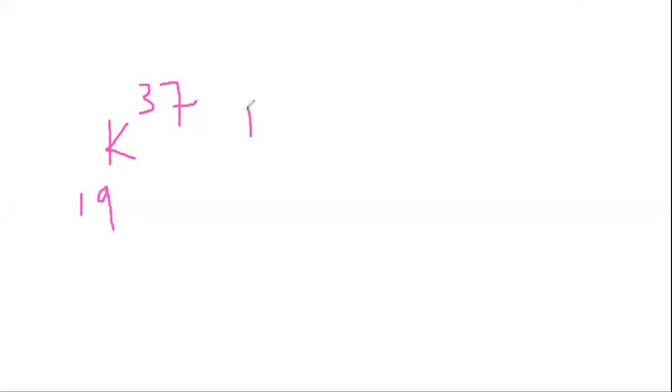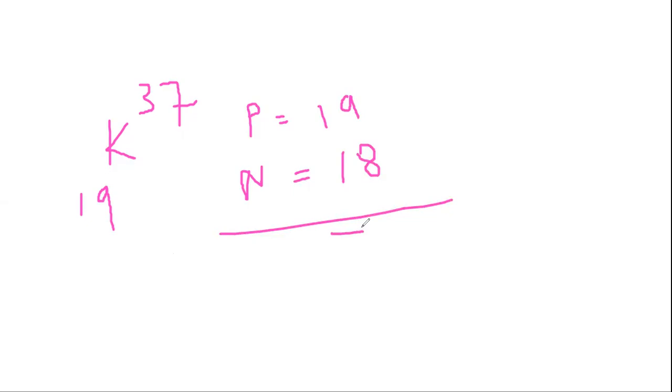So let's first do the exercise, protons and neutrons. Here protons are 19, and how many neutrons? 37 minus 19, 18. Good. In this case, I don't think there is a need to calculate the ratio.